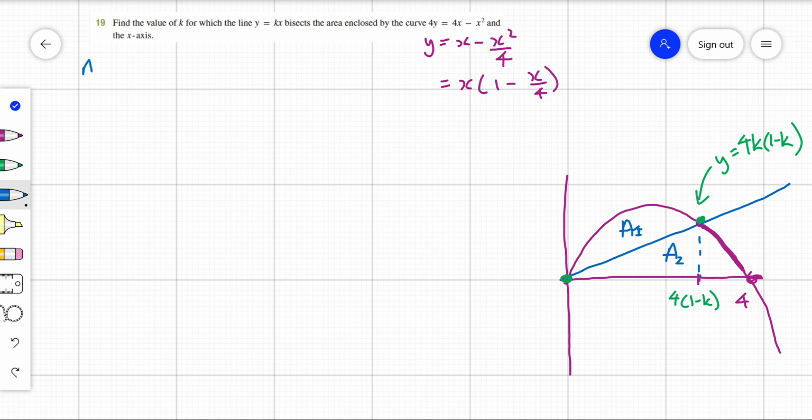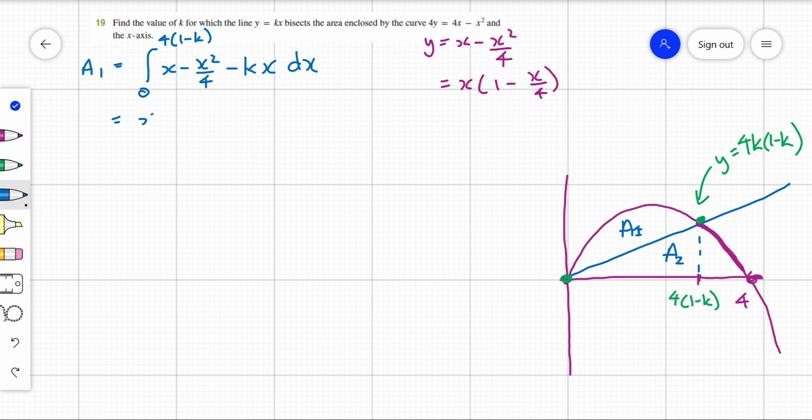To start with A1, well, that's the integral going from 0 to 4 times 1 minus k of the parabola minus, so purple minus blue, so parabola, which is x minus x squared on 4, minus the area under the kx. Alright, so let's have a look at that one first.